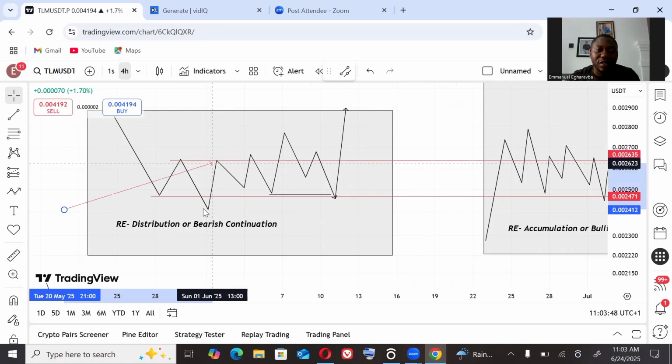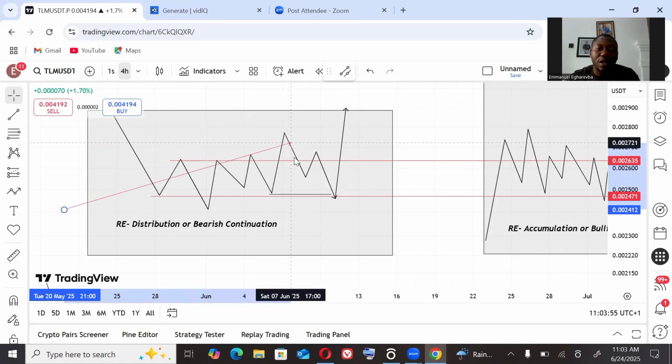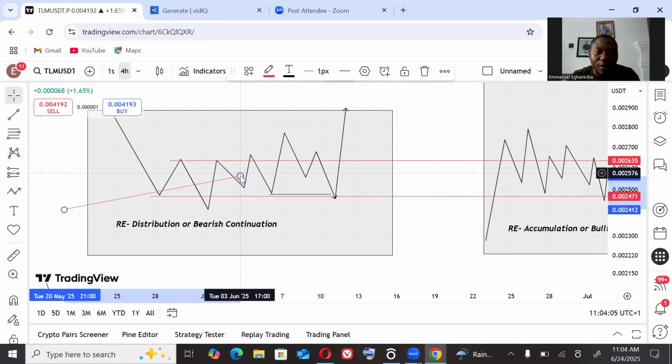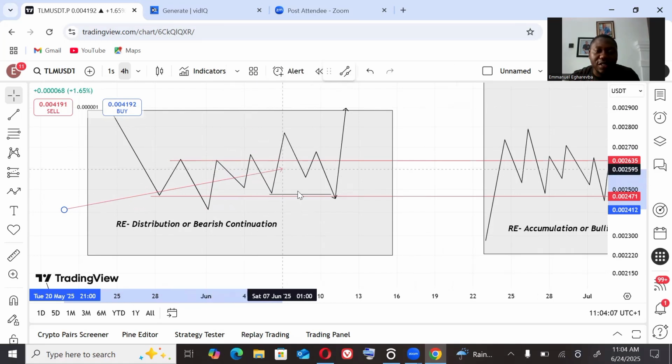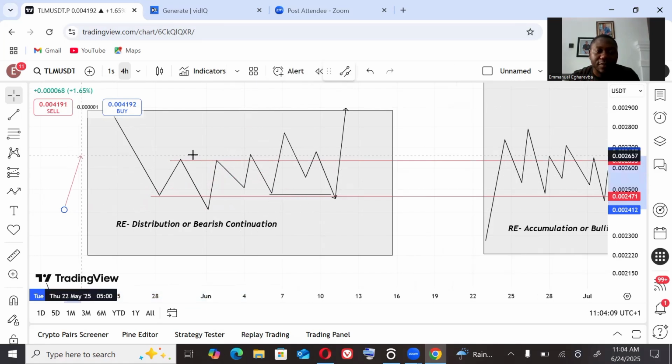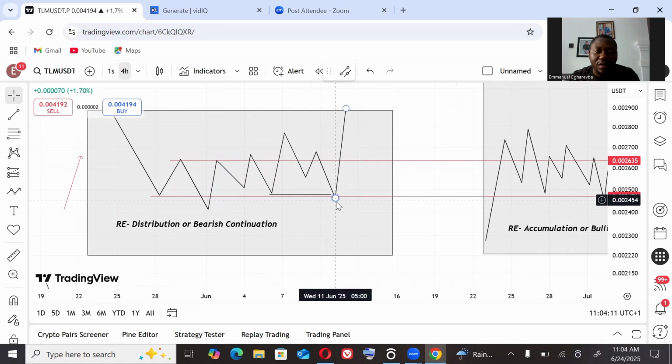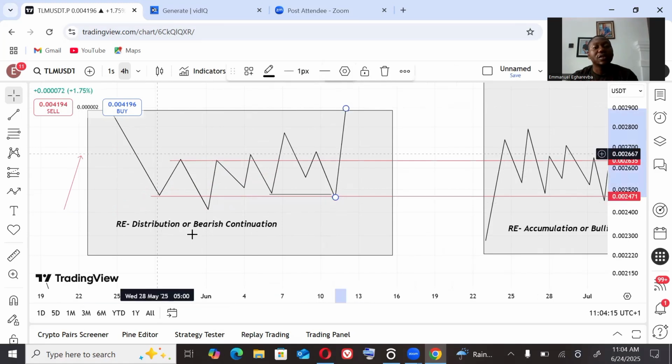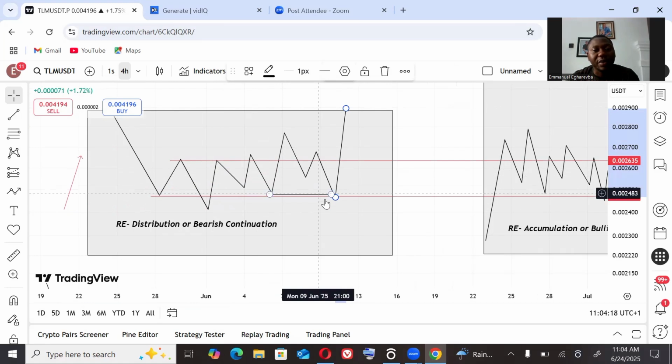Then you see price creating a very huge sell move back into the range, and breaking the last point that caused the major move, the old low that caused this high. You must see it break completely. If you don't see it break, then there is no distribution. Price could just easily wick from here and then begin to move up.